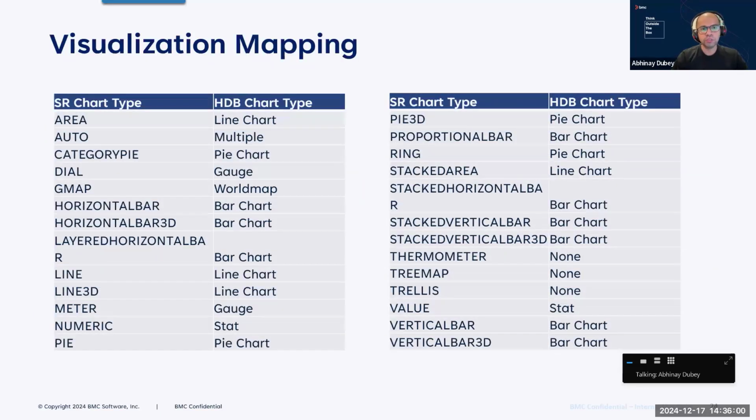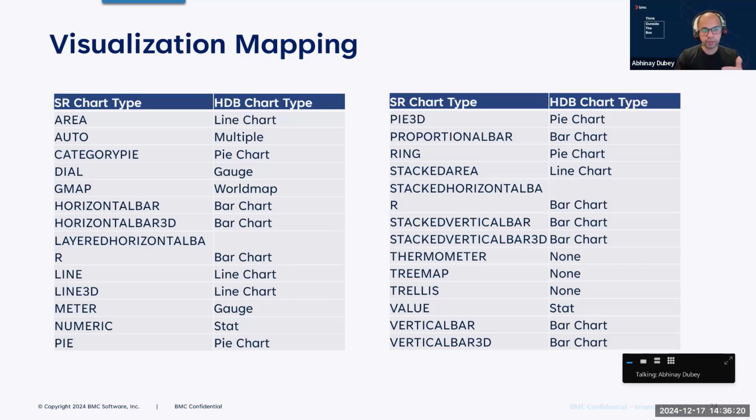So here are the most common visualizations that you would come across. And as you would see, most of them have some kind of a mapping on Helix dashboard side. So one visualization in smart reporting would have something similar on Helix dashboard.